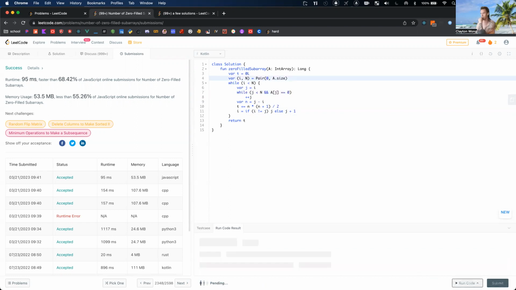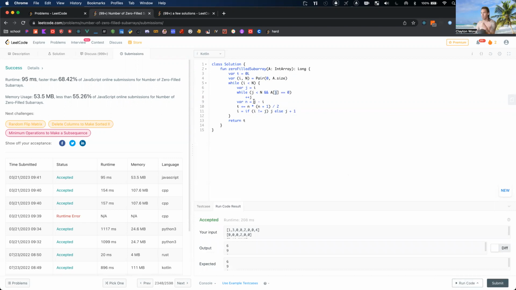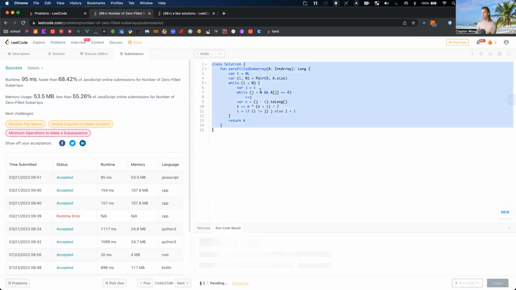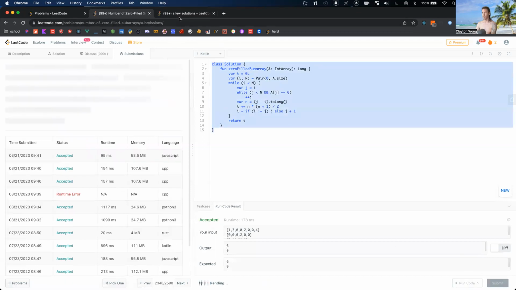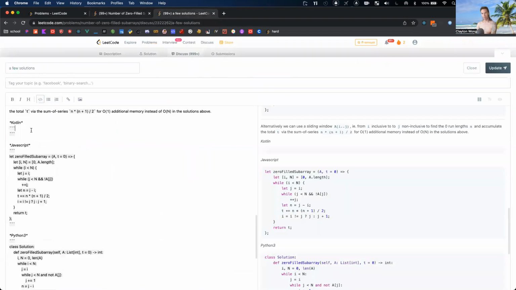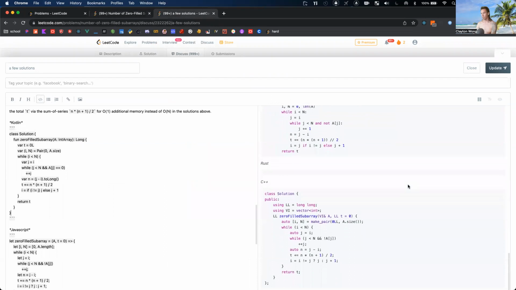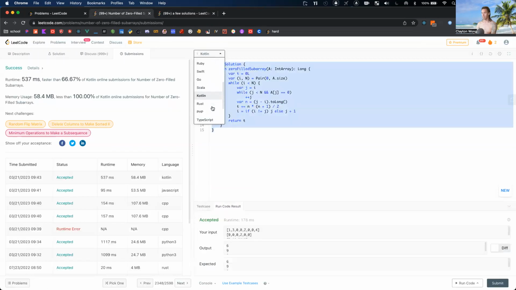How strange. Must be an integer instead of a long. This needs to be a long. Okay, I think that should work. Okay, that one's good. And then we'll do Rust and then call it a day.